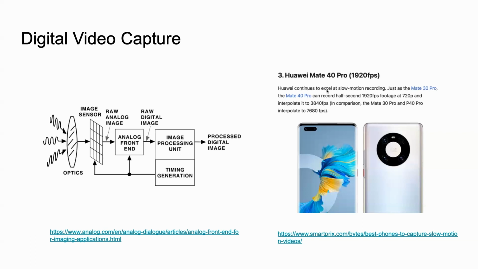But now, commercial cell phones, I was surprised to see that, it can go up to 1920 frames per second. Okay, so if you take a look at this website, it tells you what are the best phones for slow-mo capture. Okay, most of the phones right now can go 240 frames per second.